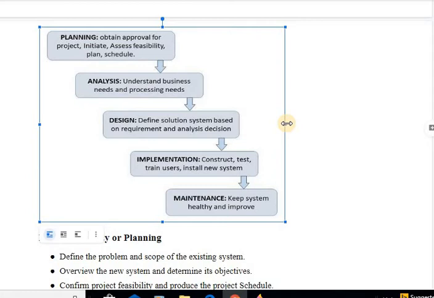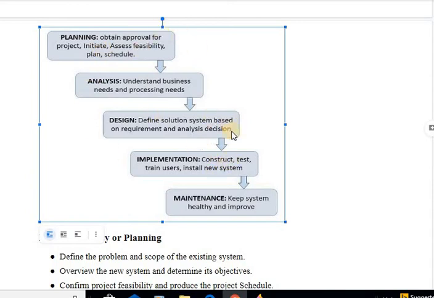With the help of DFDs we draw the designs, and then we have to get those designs approved from the upper management, and then we proceed to the implementation. Implementation is to construct, test, and train users, or install the new system. It means we are deploying the system for which all the above three phases were followed.